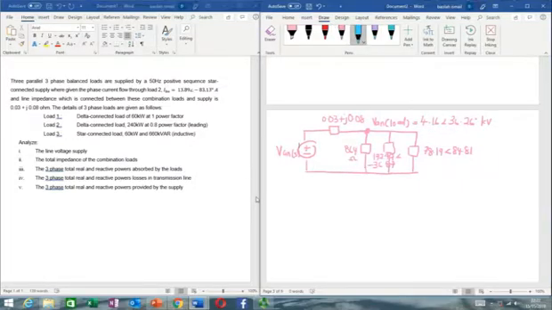First calculate Z total for the load, so we have to parallel all these loads: Z1 parallel with Z2 parallel with Z3. 78.19 angle 84.81 parallel with 172.77 angle negative 36.87, and 864.